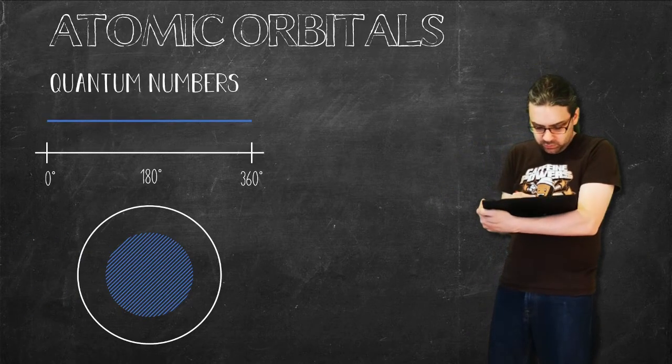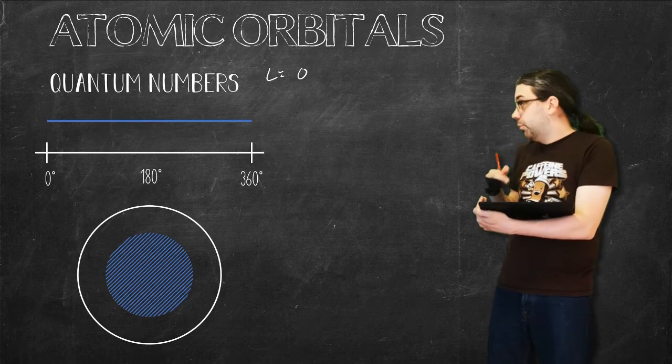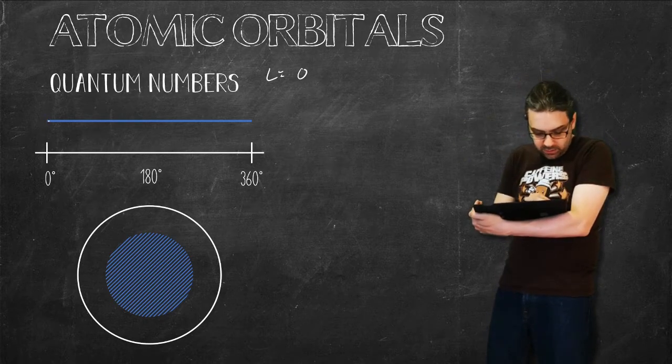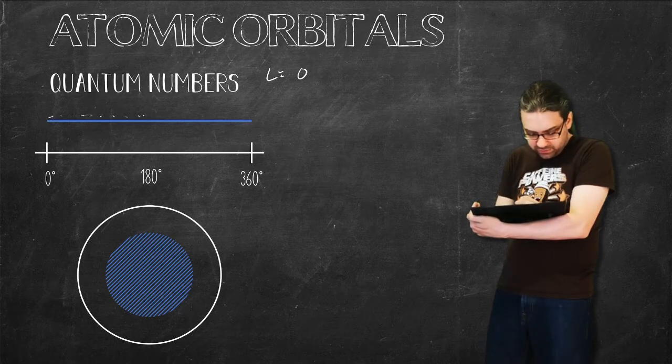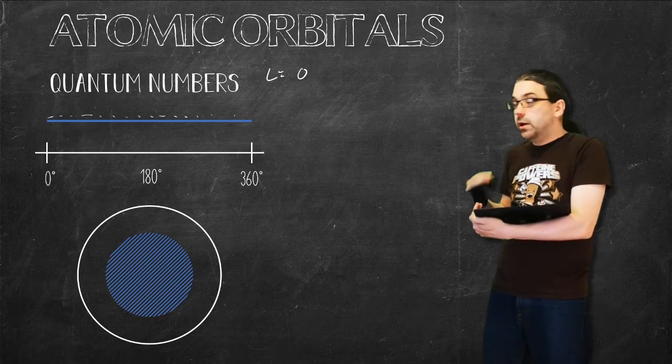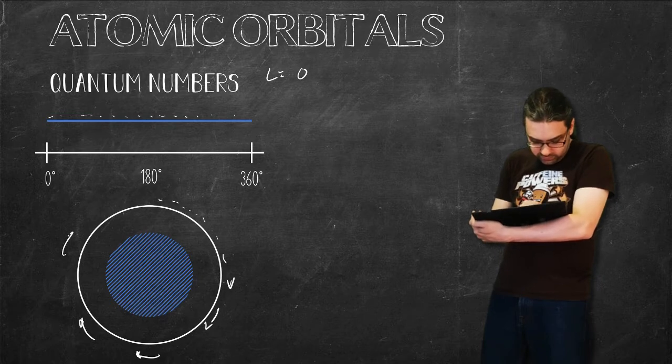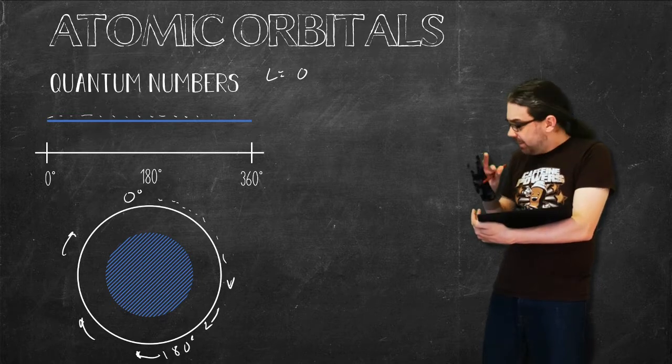So here, our L equals 0, or angular quantum number is 0. The value of the wave function is the same all the way around. And we can visualize this by just plotting a color for whether it's positive or negative as we go around the ring. So we can see 0 degrees here, 180 degrees here.